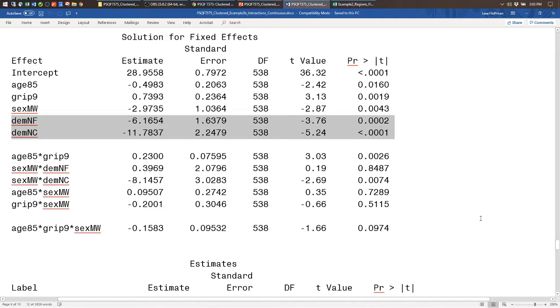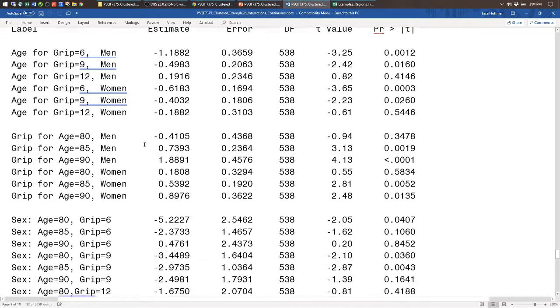Are they conditional? On what kind of person? On men. Are they also conditional on age 85 or grip 9? Nope. Not because we don't have those interactions in the model.